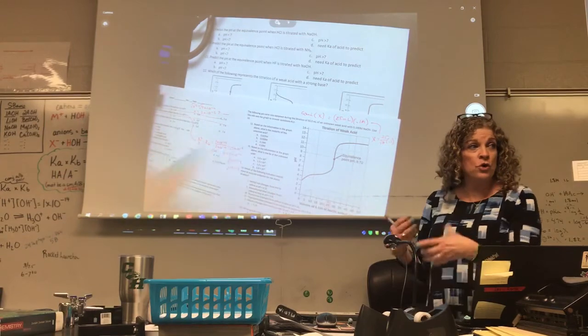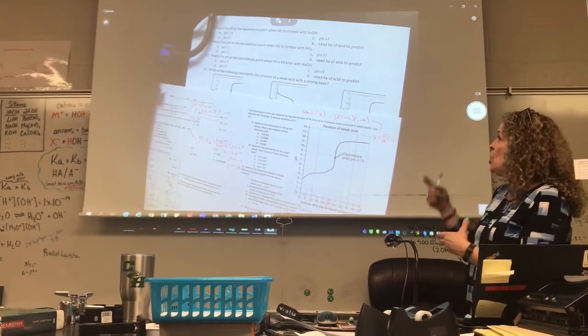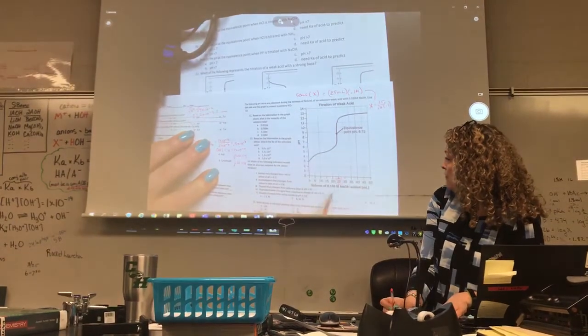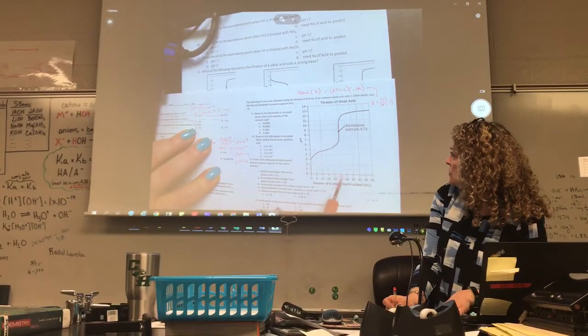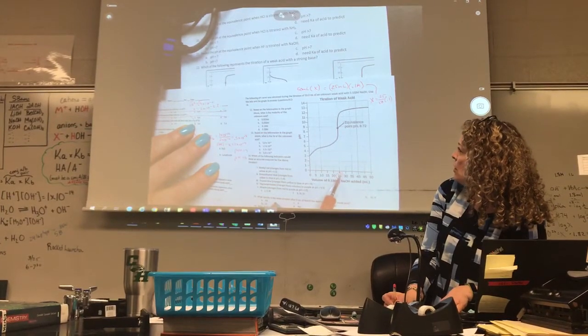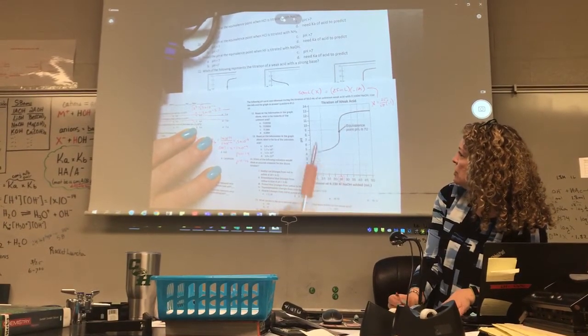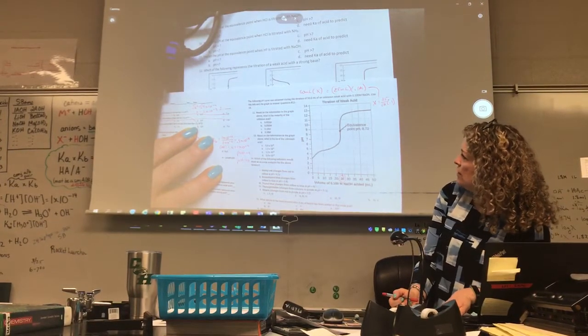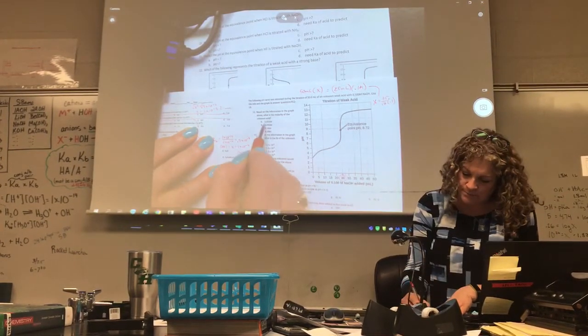But notice the other relationship. If you need half as much of this, then it means that your base is more concentrated. It's twice the concentration of your acid. Okay? So your answer ended up being 0.05, correct?